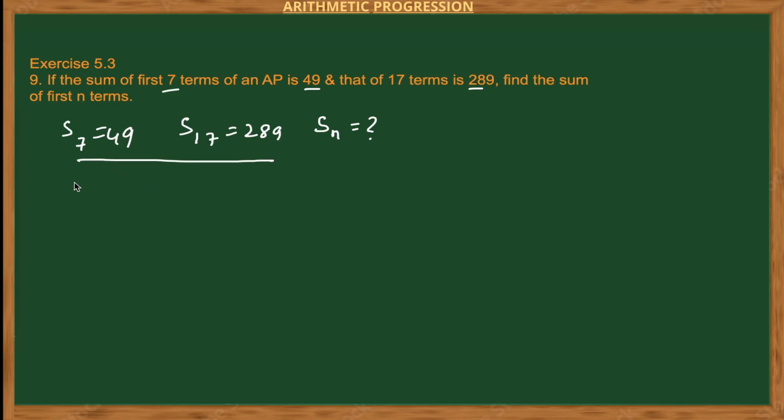Okay, so we know the sum formula: Sn is equal to n by 2 into (2a plus (n minus 1) into d).